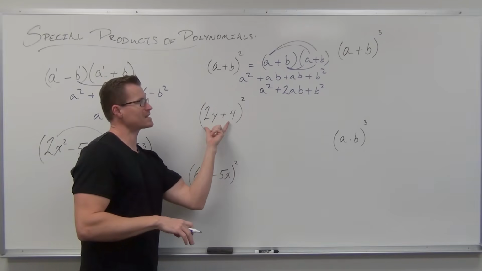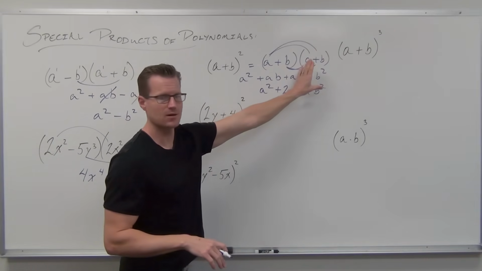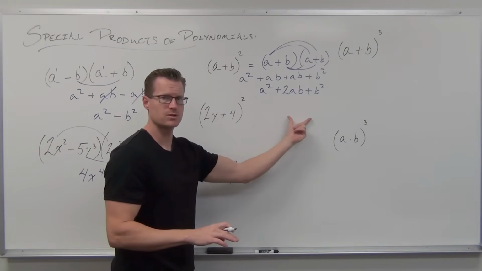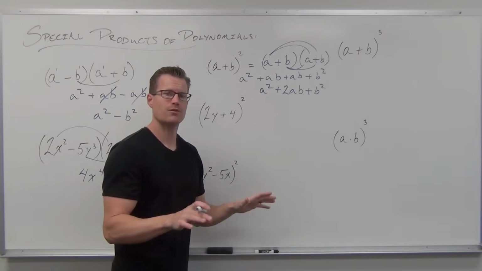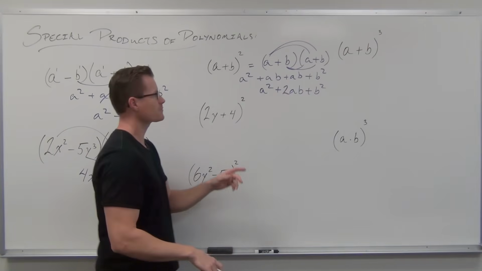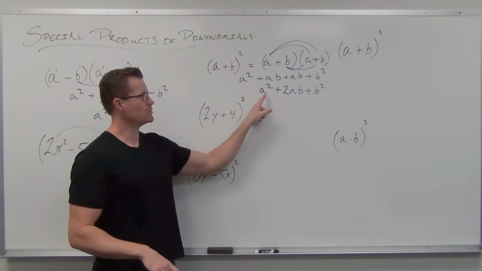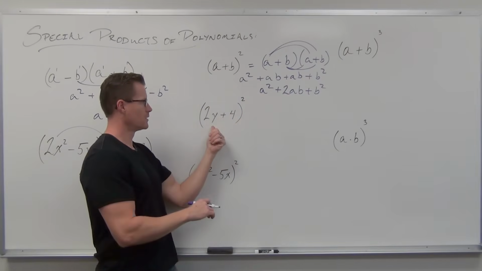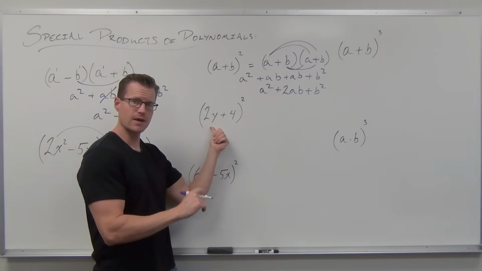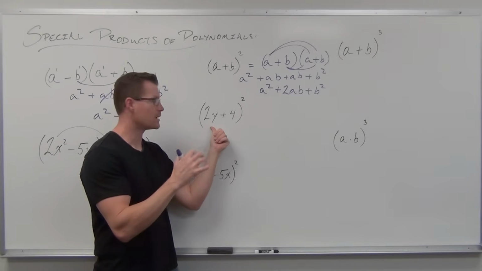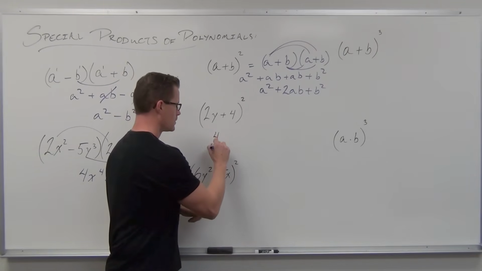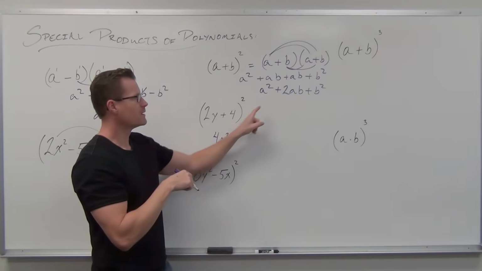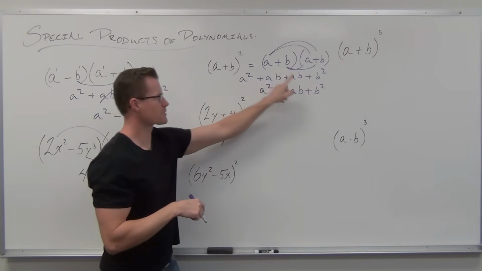Could you do exactly the same thing with what we did here? For sure. You could do 2y plus 4 times 2y plus 4 and be golden. However, if you notice the pattern, what this says is you square the first term. Square that term, you're going to get 4y squared. Square the last term.